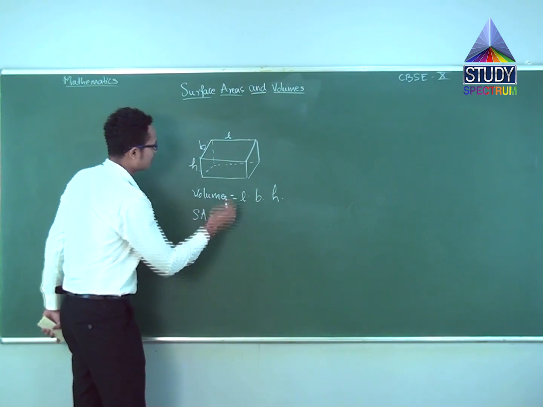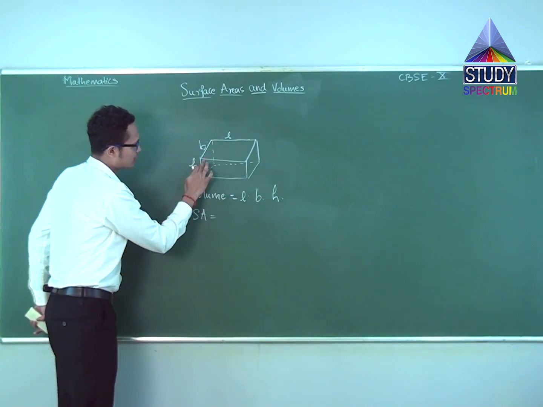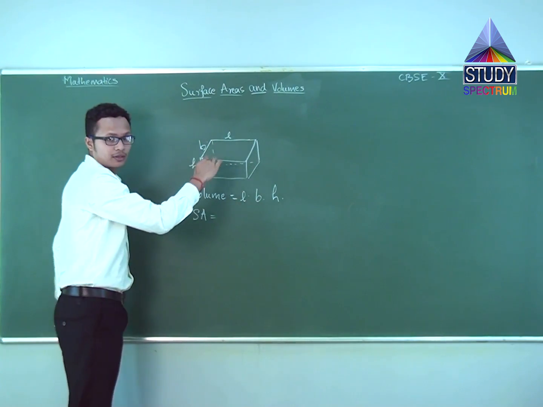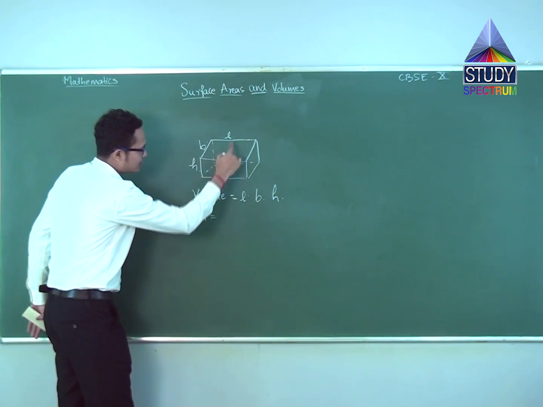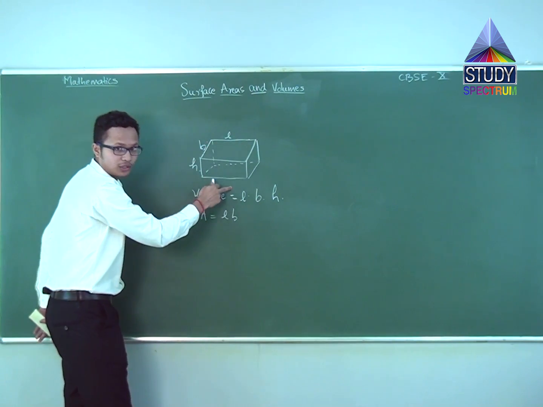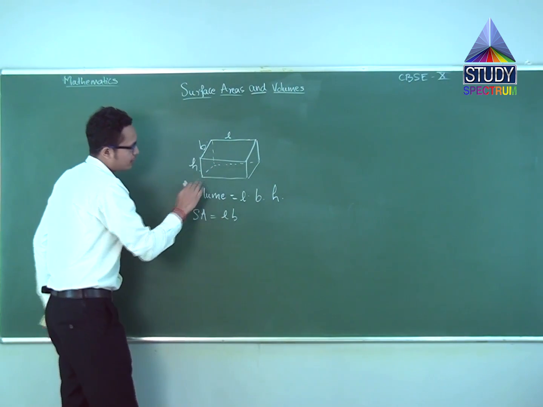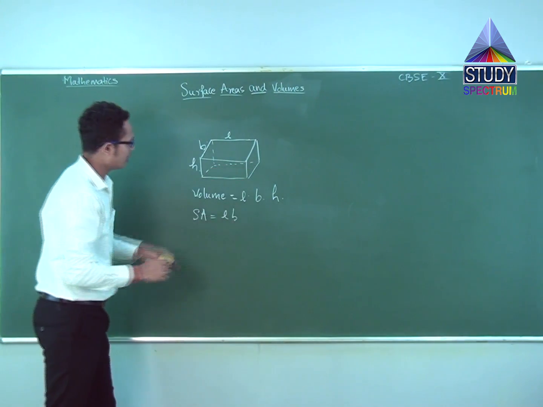Surface area is equal to, now, how many faces? 6 faces. So surface area is equal to length into breadth for the top, and the bottom surface area will also be equal to length into breadth.